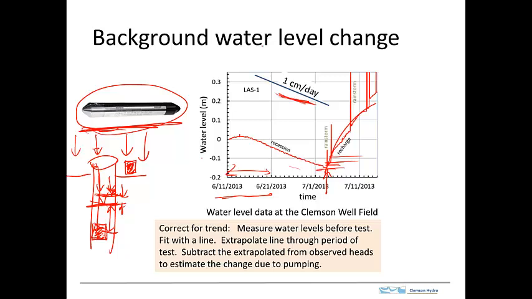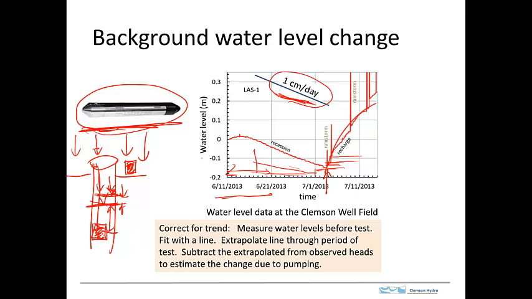And what you see is that during this recession period, during this whole period, we can characterize this effect really quite well by assuming that it's just linear and that it's dropping at that rate. So what that allows us to do is fit a line to this data and then take that linear fall in head and just simply subtract that off of the data that is happening during our tests.